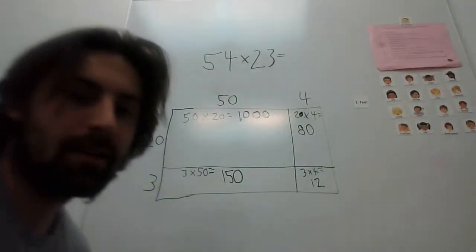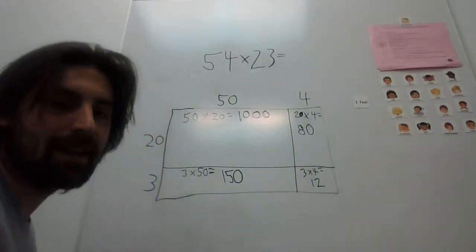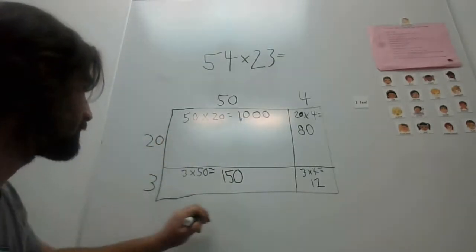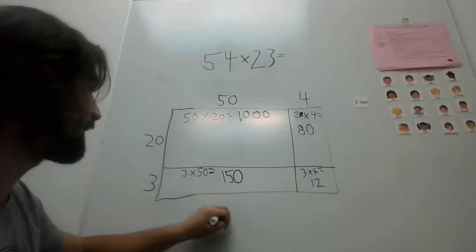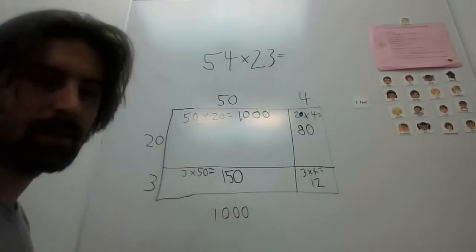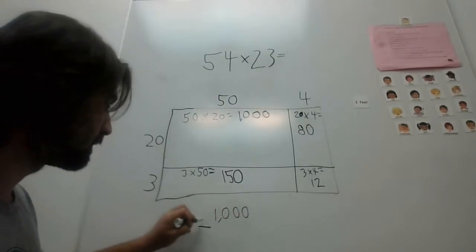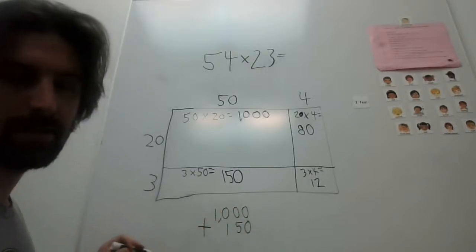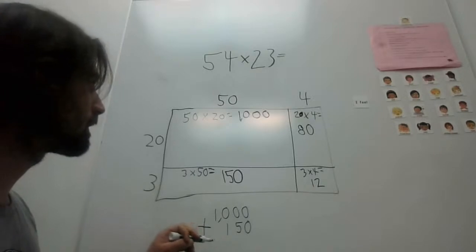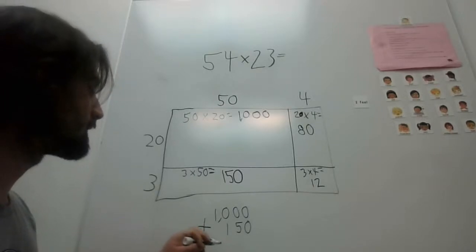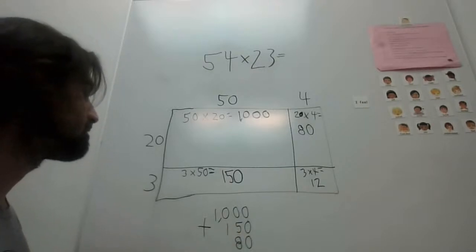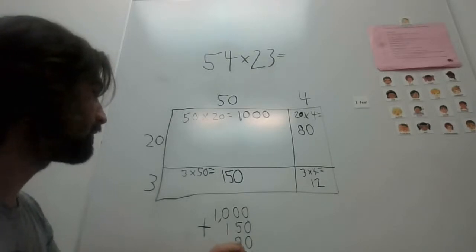So now, to figure out our final answer, we just have to add our 4 separate answers up. So we have to add 1,000 plus 150 plus 80 plus 12.